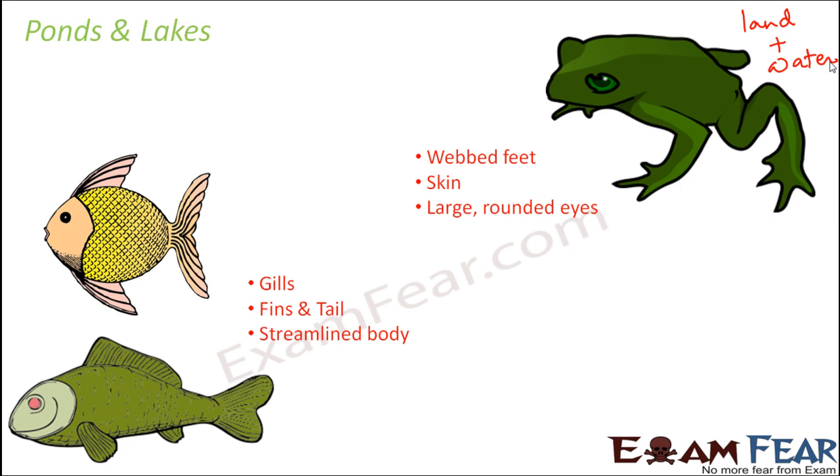If you have ever observed the feet of the frog, the fingers are connected to each other, they are webbed. That is why they are called webbed feet. This webbed feet gives them a swimming advantage. When they want to live in water, they need to swim, otherwise how will they move in water? So this webbed feet help them in swimming.